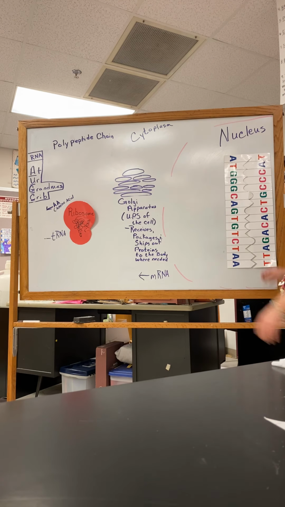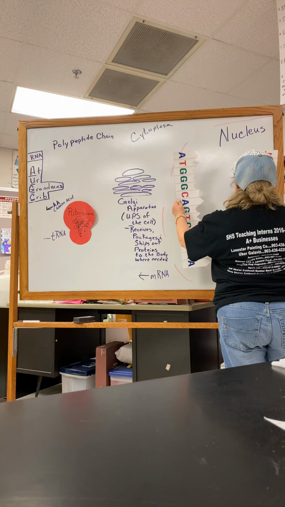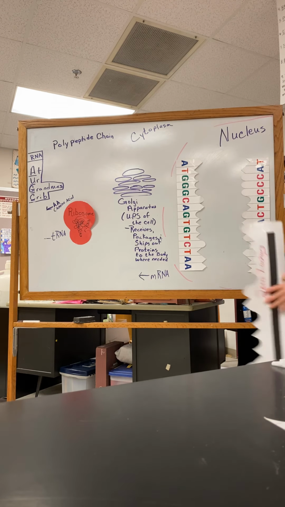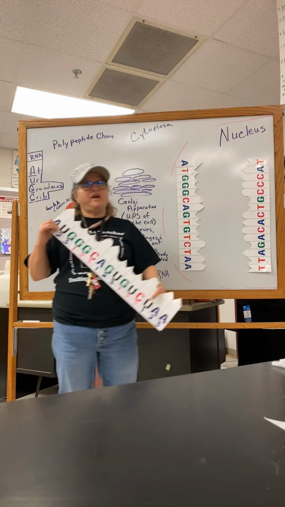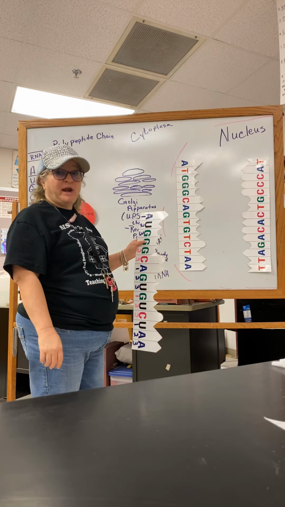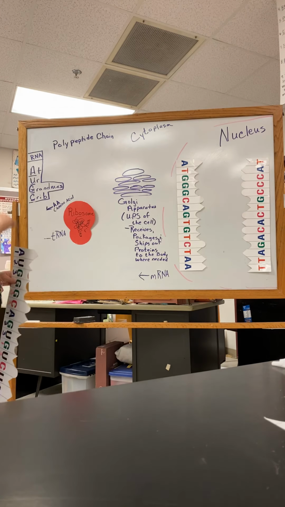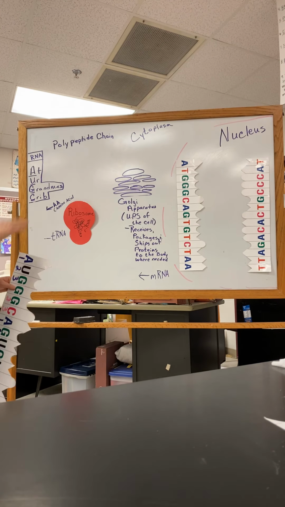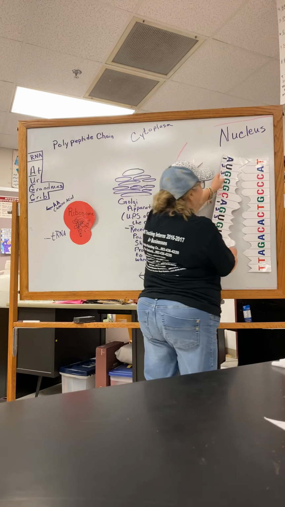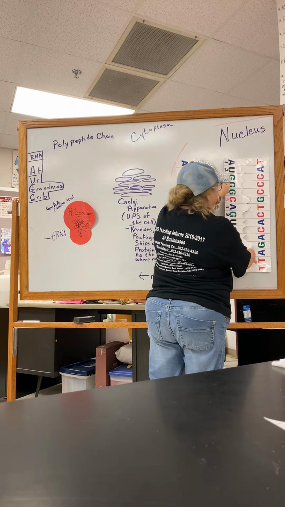The first thing it does is it splits like this, staying in the nucleus, and what happens next? That's right. Messenger RNA comes in, and using the base pairing rule, A with U, G with C, it comes in and it lines up with the correct DNA base.